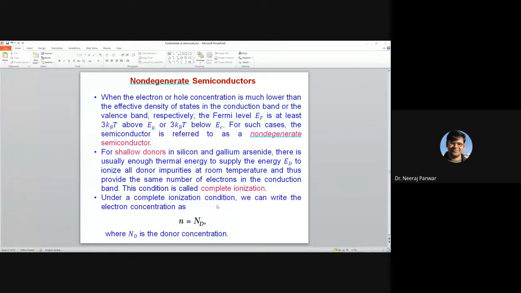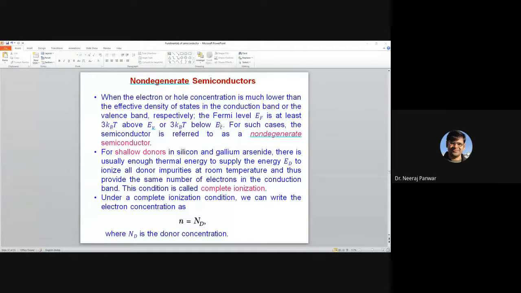If the doping is smaller than the effective density of states, then for N-type semiconductor it is the effective density of states at the conduction band edge, and for the acceptor atoms, it is the effective density of states at the valence band edge.